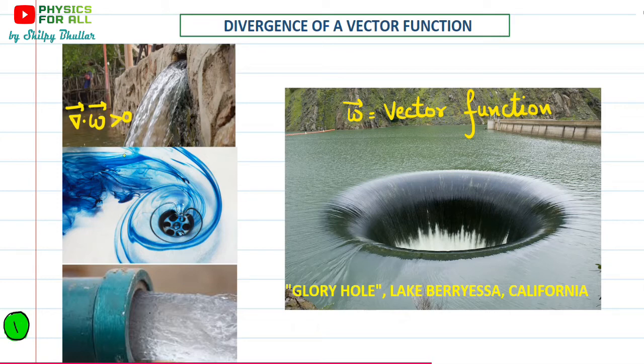Then you can see this particular case also, the second picture. Here, forget about the curls and rotation of water, because that we would discuss in curl. Here you see a huge amount of water is coming, but then it's just converging.